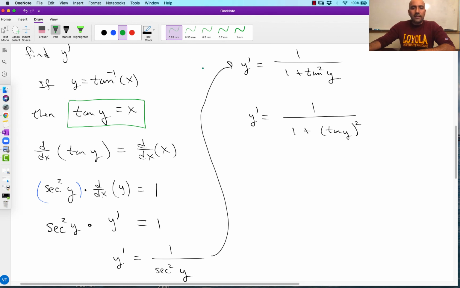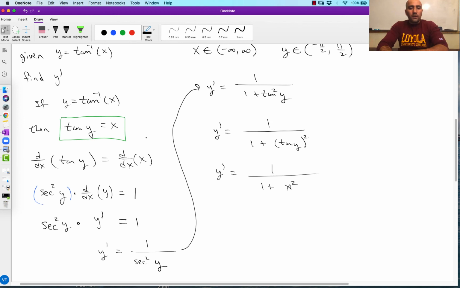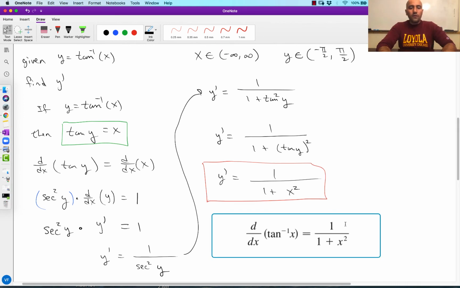So let's rewrite that as x. And so we get that y prime equals 1 over 1 plus x squared. Okay, so that's our derivative. Zoom out and capture the whole thing. Let me box that up. That's our derivative. And your author presents it this way: the derivative with respect to x of tangent inverse of x equals 1 over 1 plus x squared. Same thing we got here.